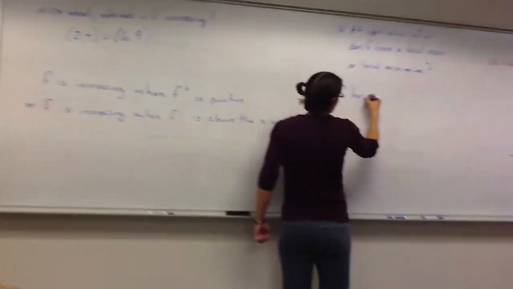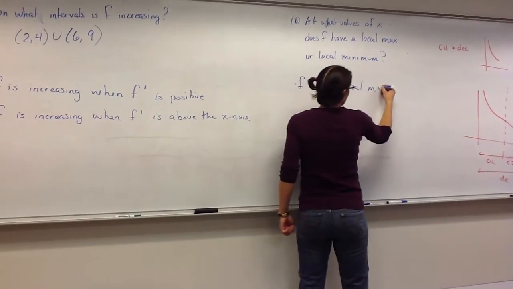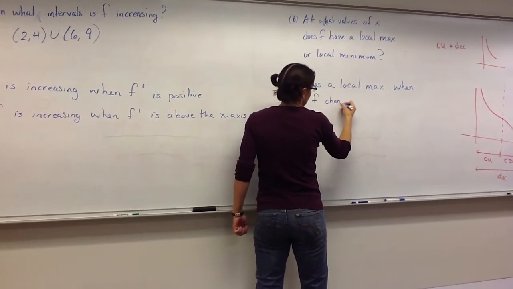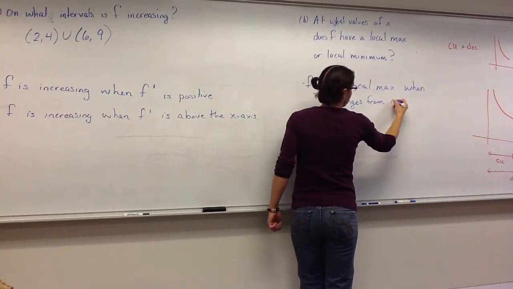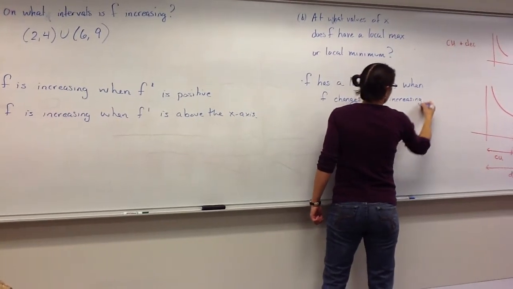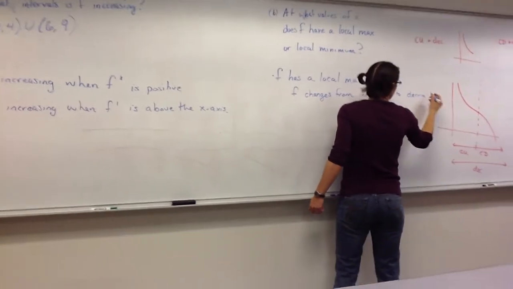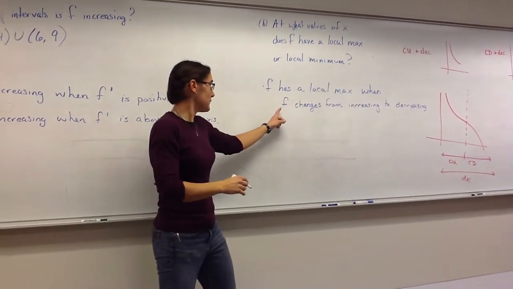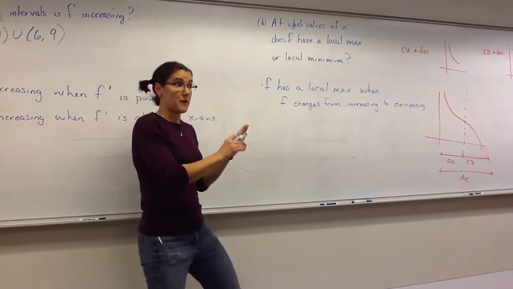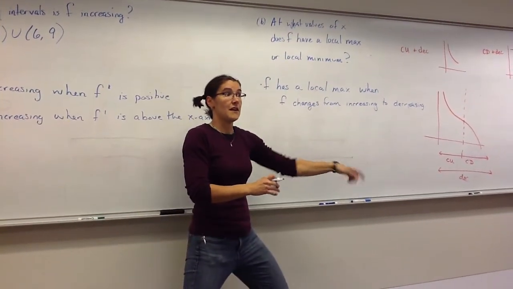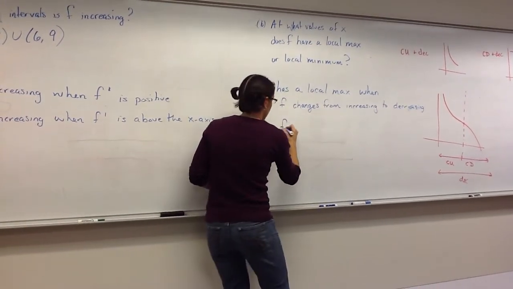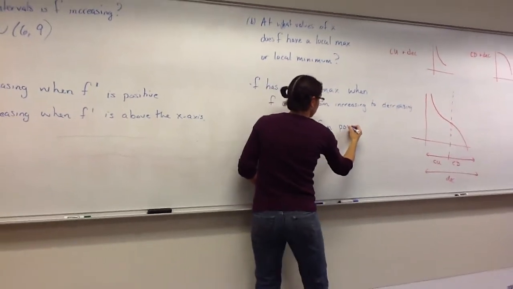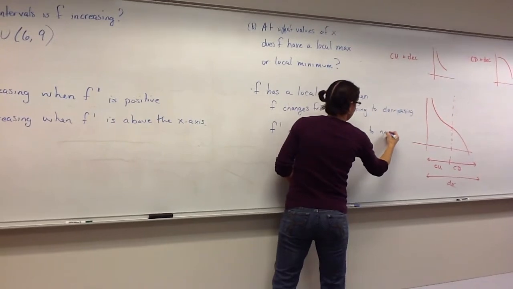So f has a local maximum when f changes from increasing to decreasing. Good question. So should this be f or f prime? F is changing from increasing to decreasing. F prime changes from positive to negative.